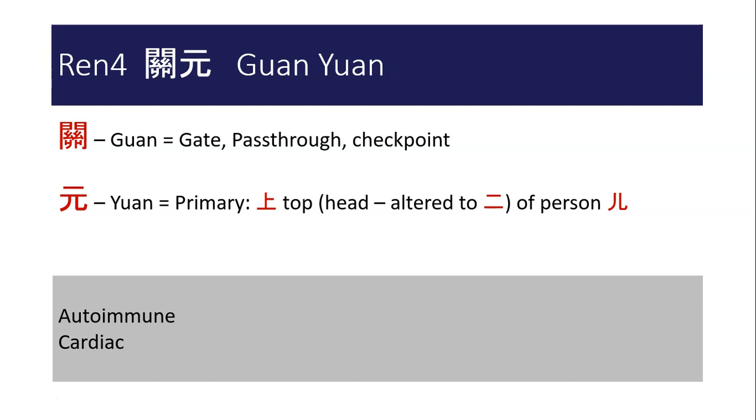It's also the major point for cardiac issues, especially if the pulse is floating or not held. And again, for rapid pulse, or not slow pulse at least. So those are the main usages of REN4.